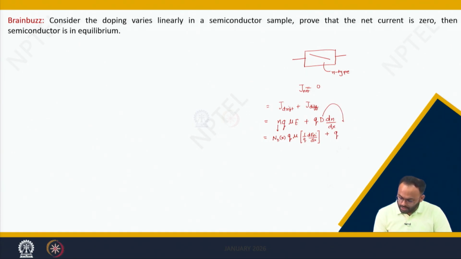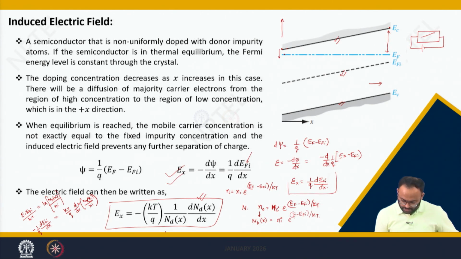Now D, by using the Einstein relation, we can replace as μ φt. Here, if we see, the electric field can be replaced as this.